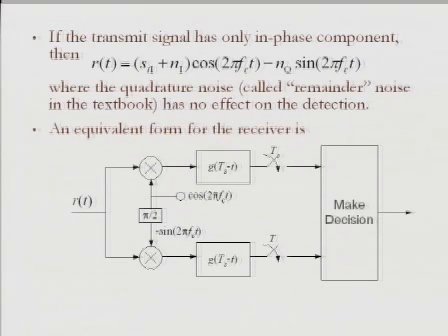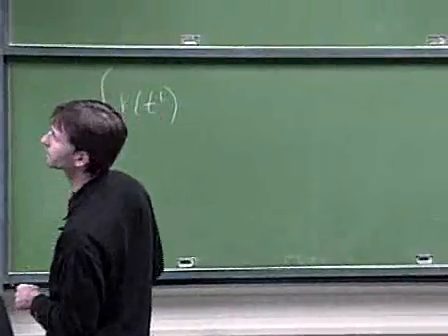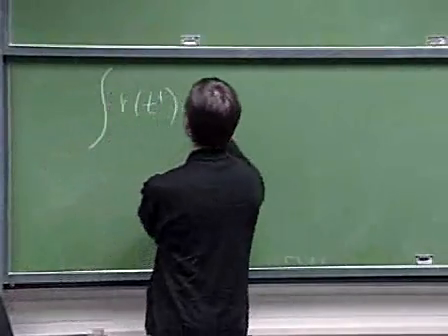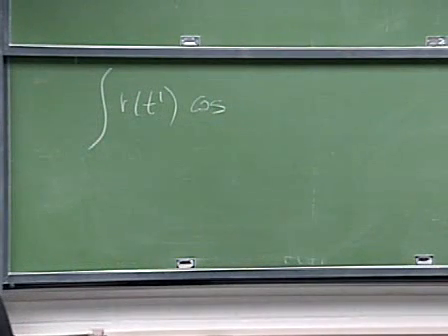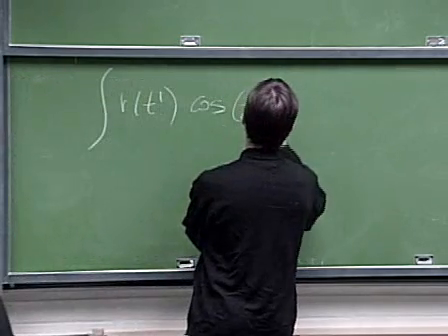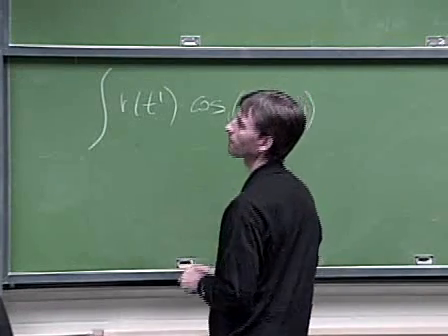Well, let's take this convolution and write it down and try to turn it into the integration we had in the previous page. So we have the integration of r of t prime, where I'm using t prime to denote the integration variable, times the cosine. Notice that I'm still multiplying by the cosine, 2 pi f_c t prime.